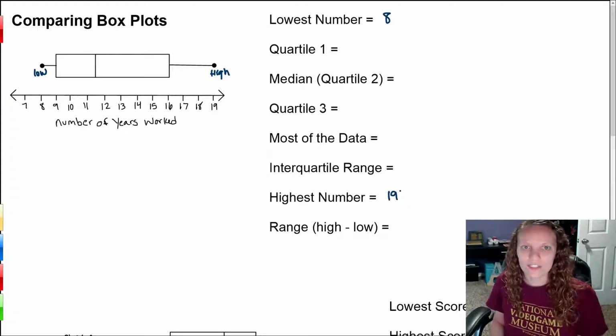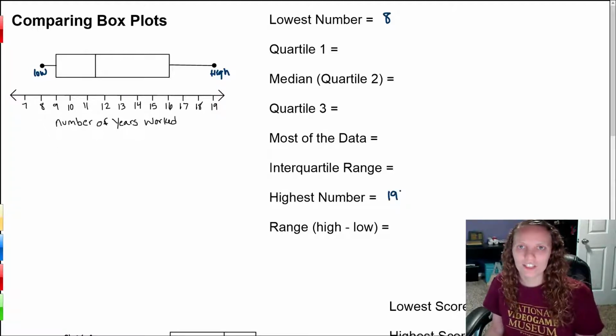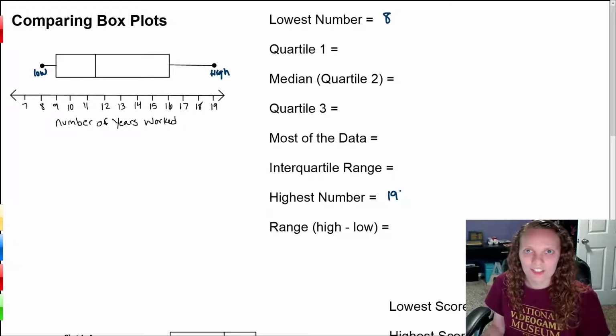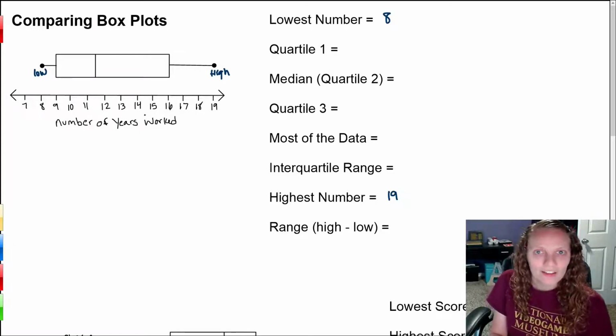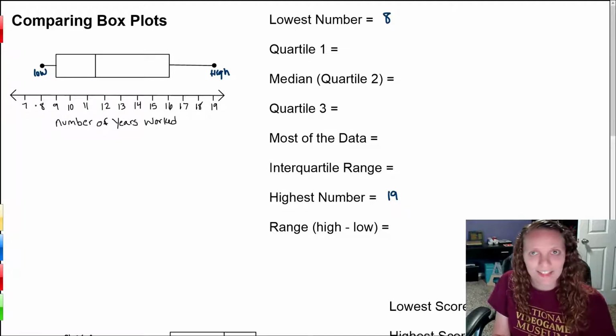So the lowest number and the highest number are the very end dots that you see on a box and whisker plot. If you notice the lowest number, I did not say 7. That 7 is on the number line, but the picture is not above the 7, so it's not included.